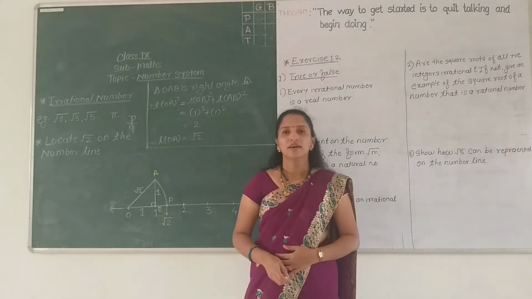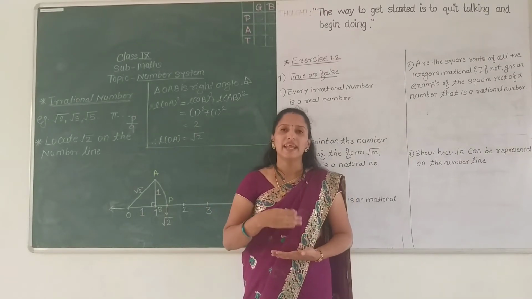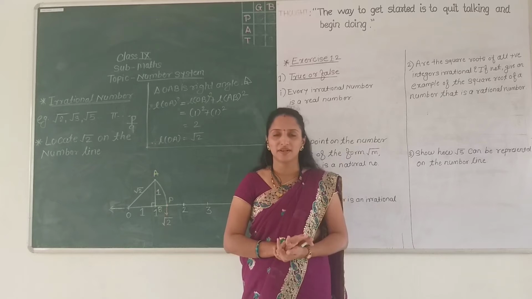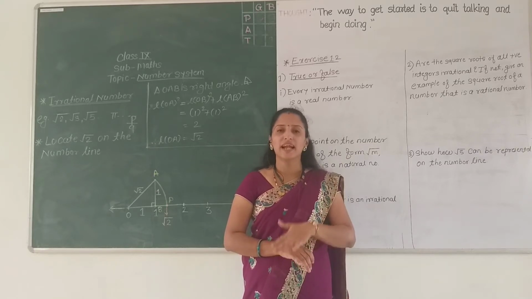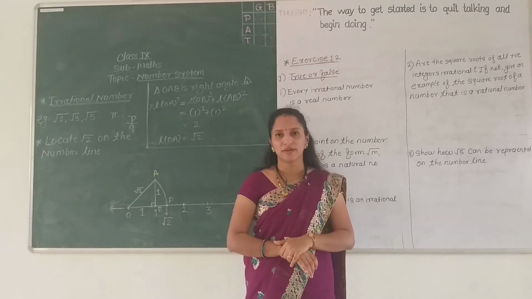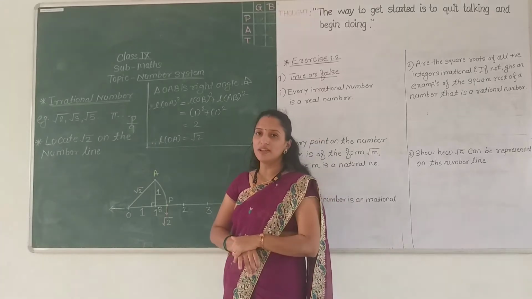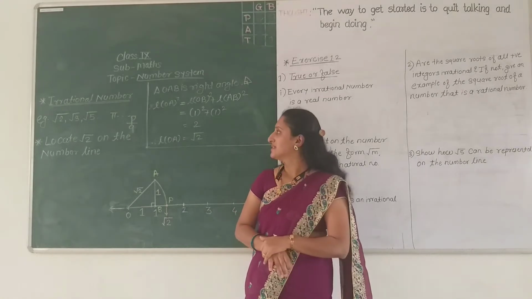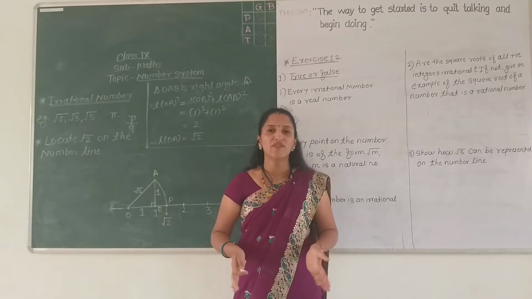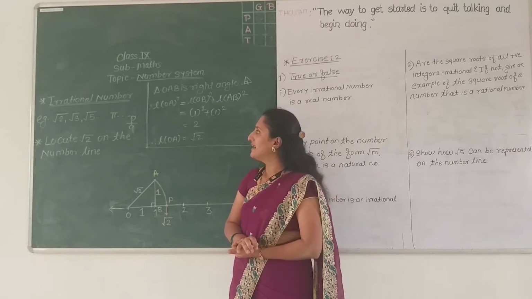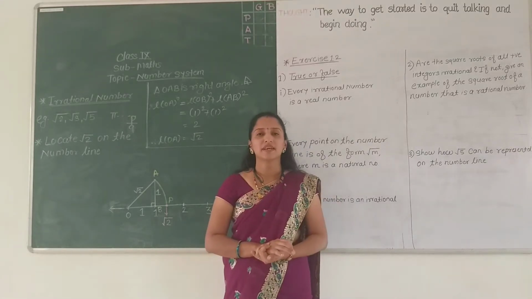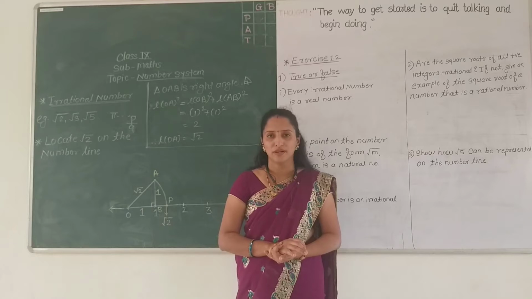Now, irrational numbers are exactly opposite of rational numbers. Rational numbers are in the form of a fraction, that is in the form of p upon q, whereas irrational numbers are the numbers which are not in the form of p upon q. That means we can't write irrational numbers in the form of p upon q.